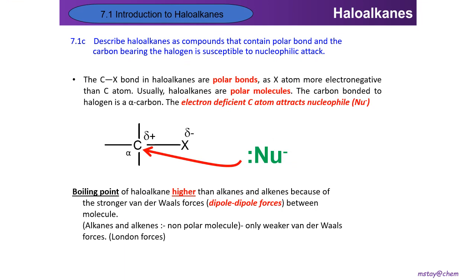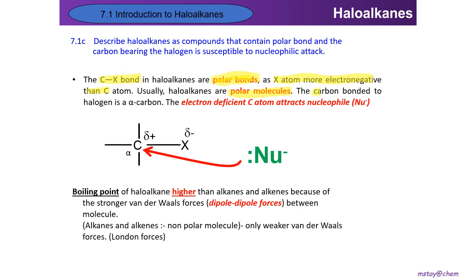Okay, in this slide, we will focus on the bond between carbon and halogen, which is considered a polar bond because they have different electronegativity. And we know that the halogen is more electronegative than carbon. So generally, haloalkane is considered a polar molecule.